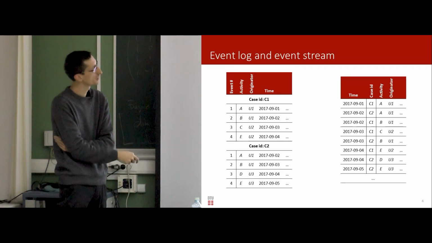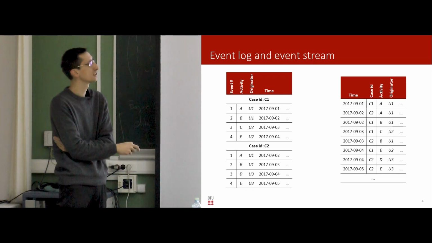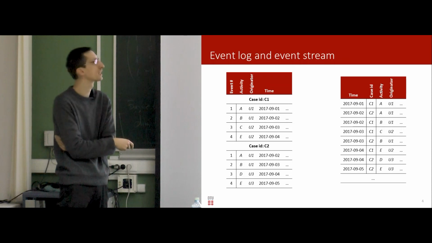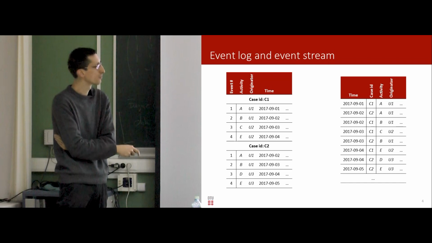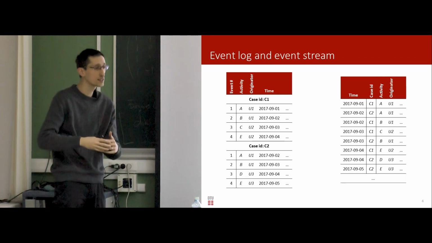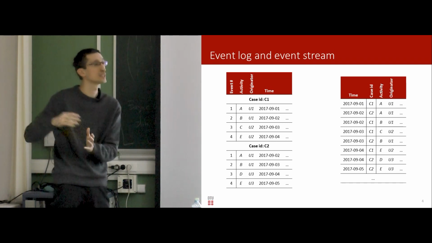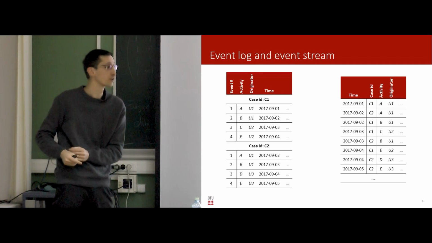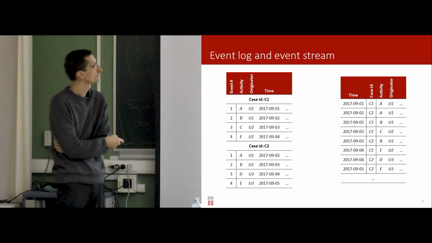On the right-hand side, we have a snippet of an event stream. Here, the case ID is just an attribute like the others, and what is really important is the time. The time is typically monotonically increasing. We observe the event right now, and the next event will have a timestamp larger than the previous one.